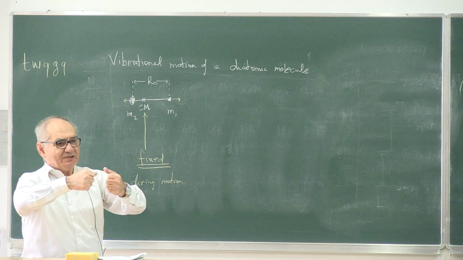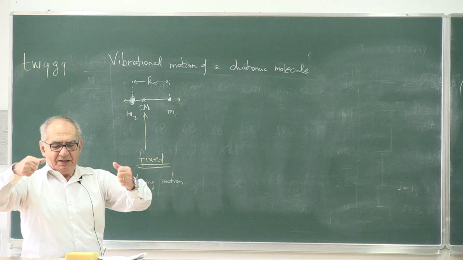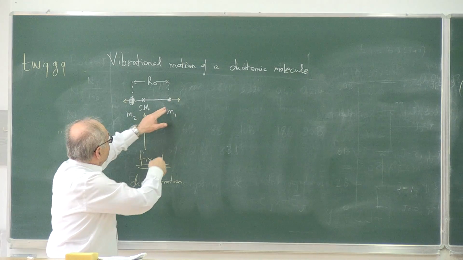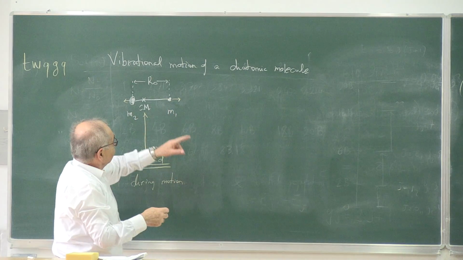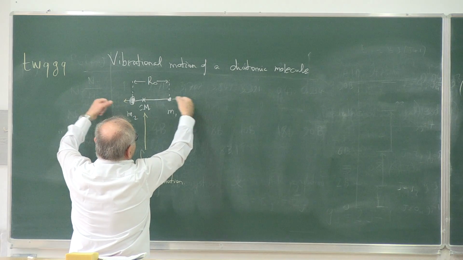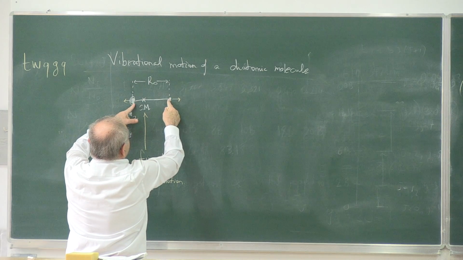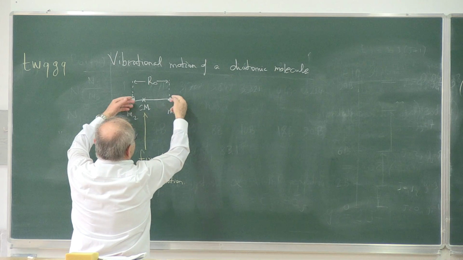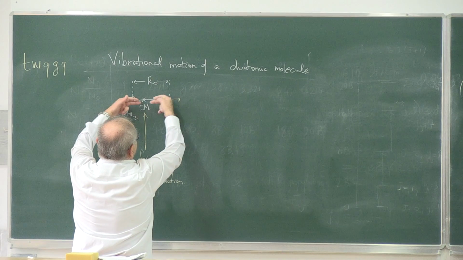But of course, this doesn't continue indefinitely. At some point, the motion stops and then it reverses. In the reverse motion, the motion is going to continue. It will pass through the equilibrium distance between the two atoms, and in fact, it's going to continue more.